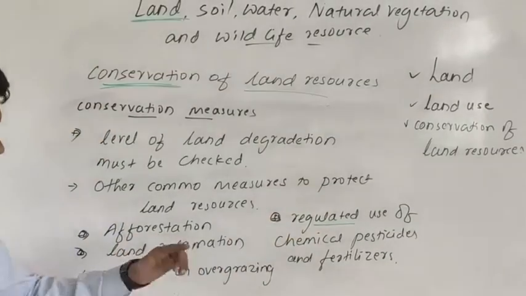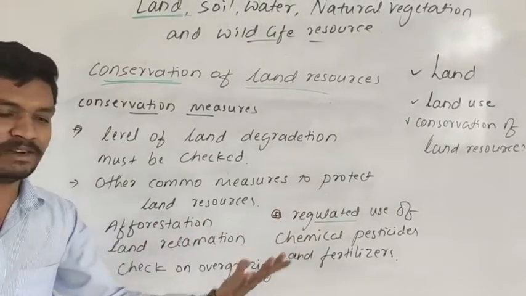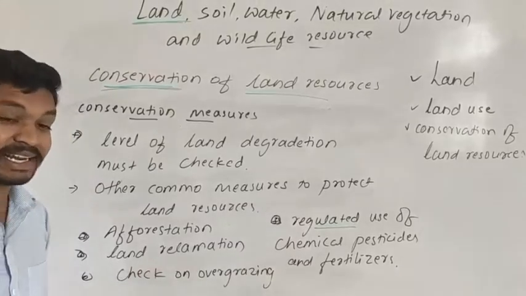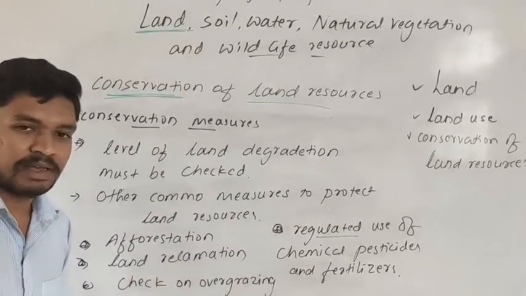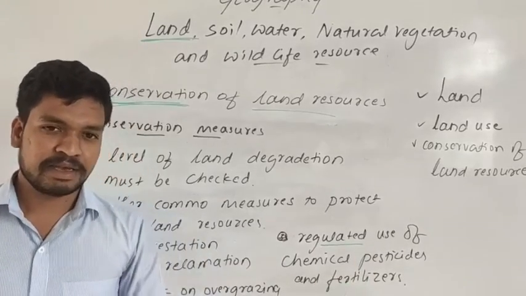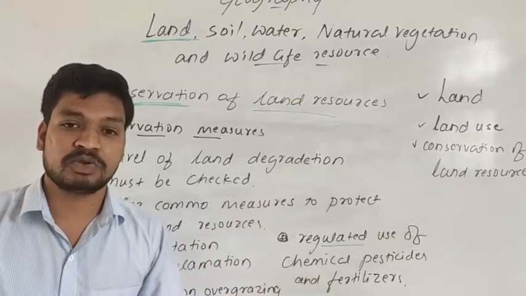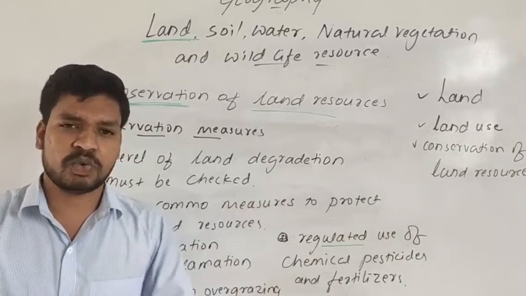The afforestation is nothing but planting the trees or creating a forest. Then land reclamation is reusing. There are some lands which are unused, like a wasteland. Earlier it was a pond or lake, now there is no water. For 5-10 years there is no water in that lake.